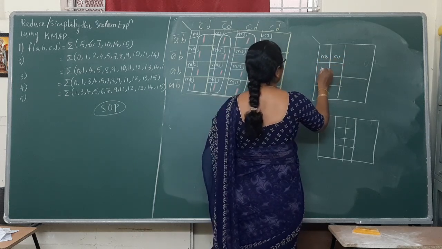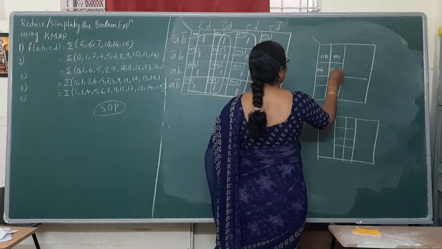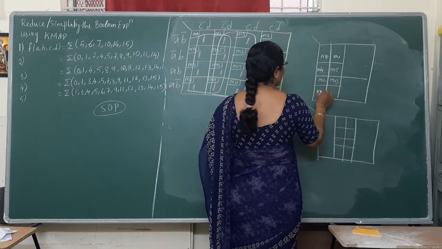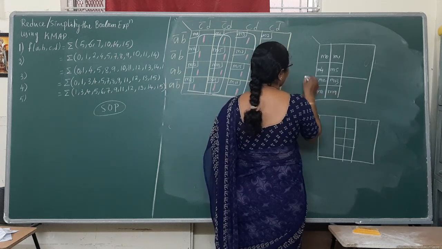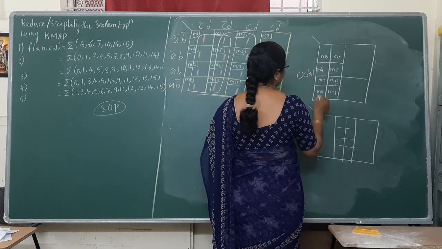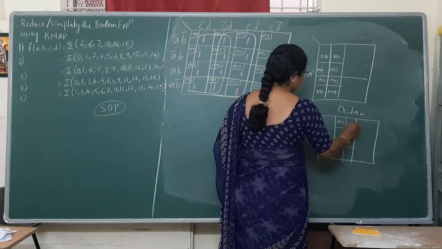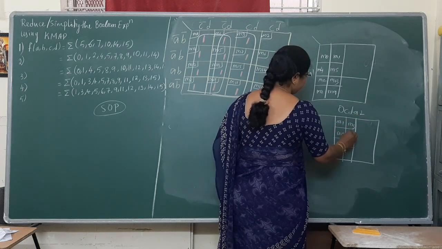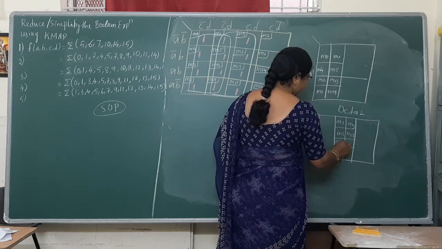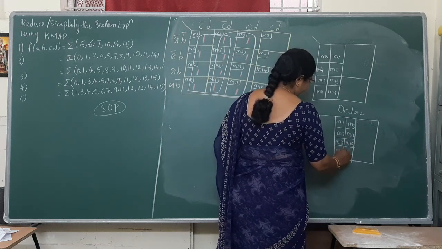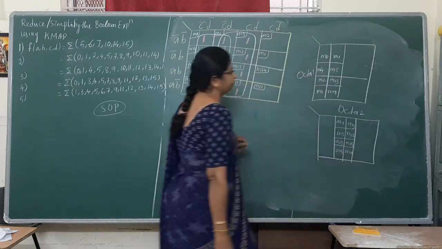M0, M1, M4, M5, M12, M13, M8 and M9 is octa 1. Then octa 2 is M1, M3, M5, M7, M13 and M14, 15, M9 and M11.